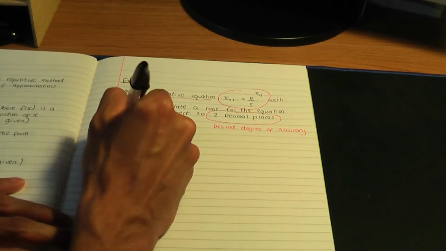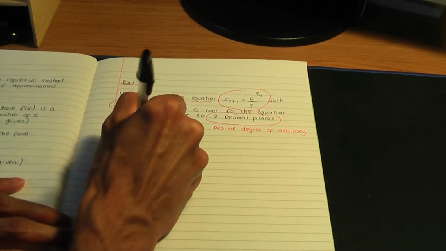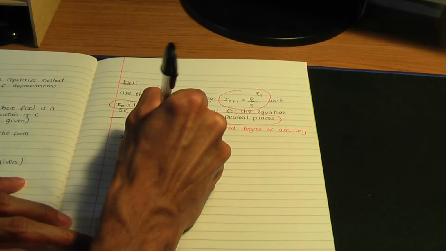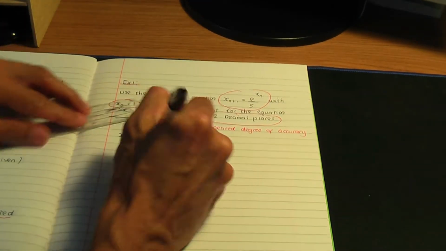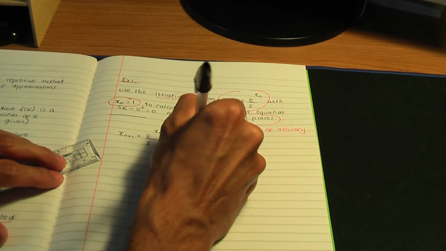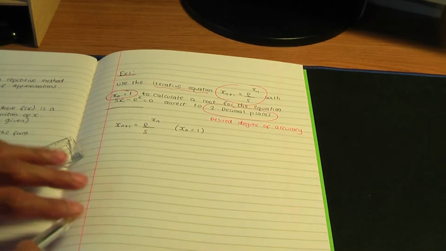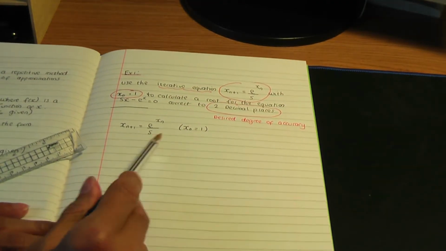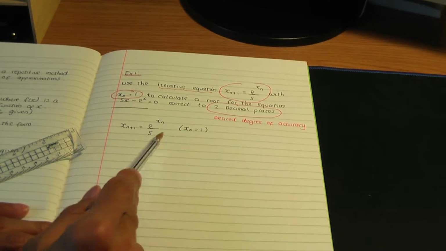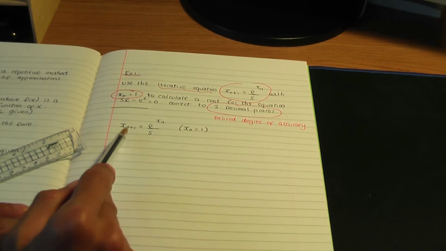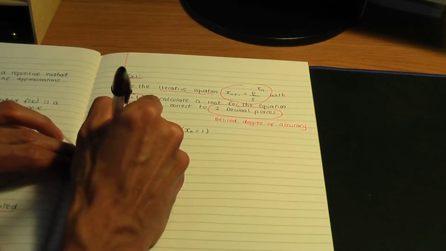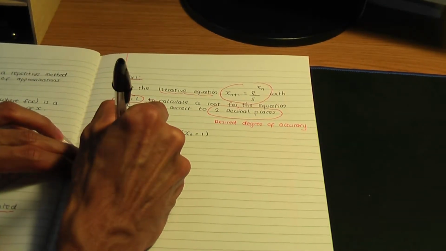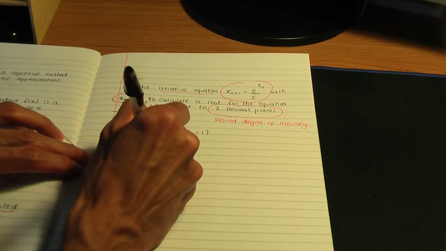So we have x_{n+1} is equal to e^{x_n} divided by 5, and our x_0 is 1. Now if I put x_0, which is 1, into our iterative equation, we're going to have n = 0, plus 1.